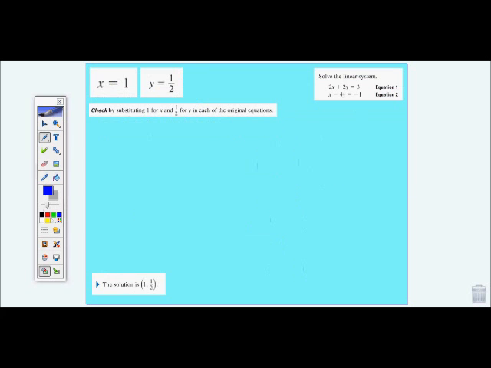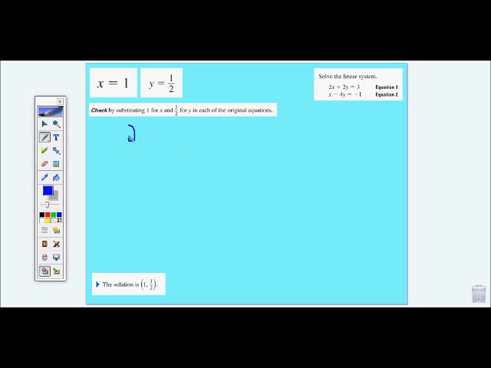Okay, there I put it on another page for us. And now we need to check to see if we substitute 1 for X and 1/2 for Y into each of the original equations, and they make true statements, we have a linear system.